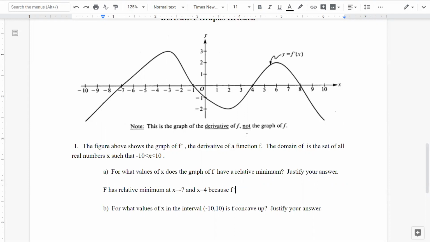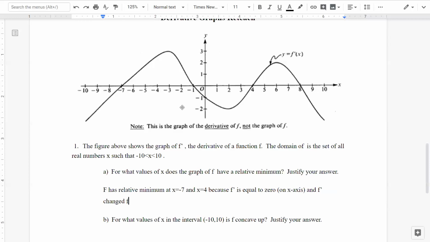So we know that because f prime is equal to 0, you could also put on the x-axis, that would be a synonym, it's equal to 0, and what else? f prime changed from negative to positive at those values.